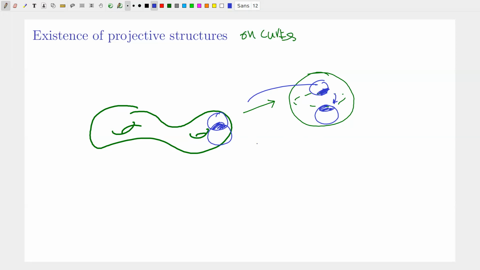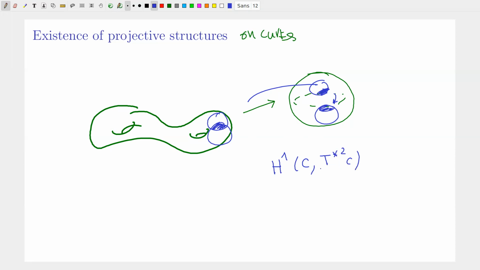So this gives us naturally a cocycle in Čech cohomology, and this defines naturally some class in H1 of our curve with values in the space of quadratic differentials on our curve.